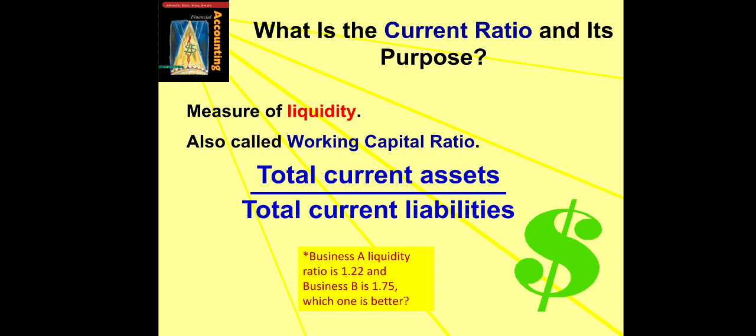The answer is business B. Remember, for current ratio, the higher the ratio, the better the business in terms of liquidity. Business B's current ratio is higher compared to business A, so business B is better in terms of liquidity compared to business A.